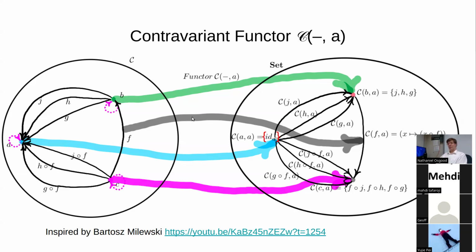We're concerned about ways of seeing A from different objects, and translating a way of seeing it from C into a way of viewing it from B. For each object, how to get from there to A, and turning morphisms from a given object X to Y, or from C to B, into maps from ways of getting from C to A to ways of getting from B to A. This is the contravariant version, and you'll notice it has the reversed arrows associated with it.